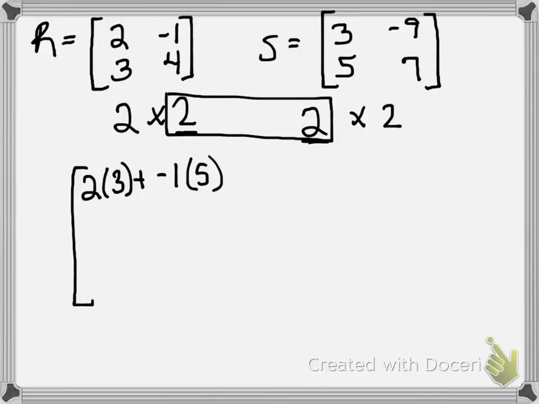So I took this 2, multiplied it by the 3, and then I took the -1 and multiplied it by the 5. And I added those two products together. For the next number, I'm going to take 2 and multiply it by the -9. That's from here, this 2 times this -9, and add that to -1 times the 7.